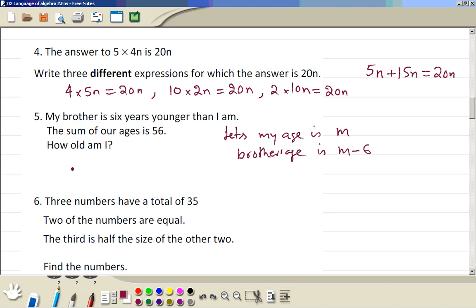So if we add both together, we have m plus m minus 6, and that adds up to 56. So this gives us the equation 2m minus 6 equals 56. If we add 6 on both sides, we get 2m equals 62. Then if we divide by 2, we get m equals 31. So my age is 31.